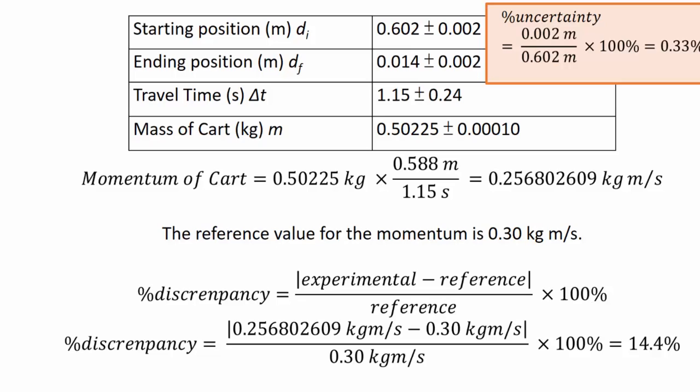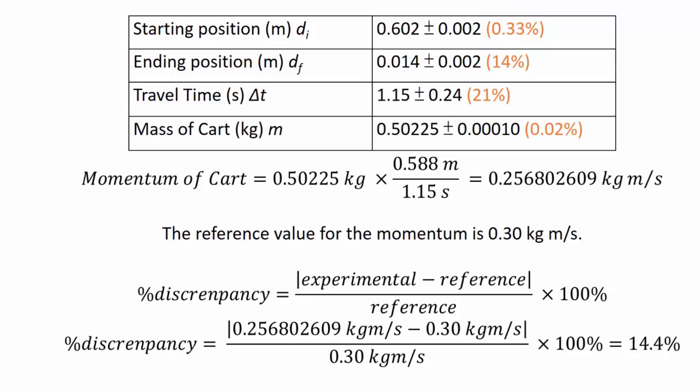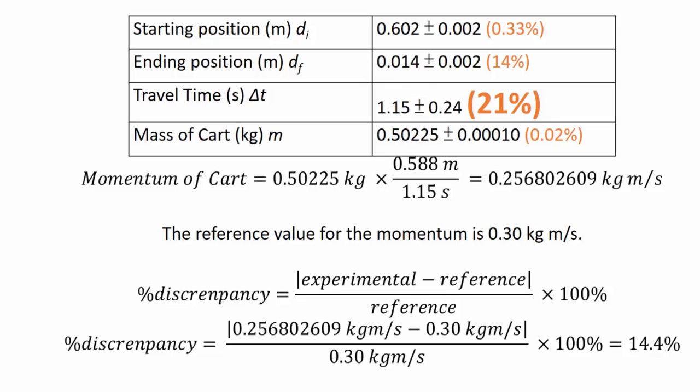The units always cancel out, and you have your uncertainty on top, your value underneath, and you get a certain percentage. And you do that for all your values. And then again, to simplify things, we simply just pick the biggest one. We don't add them up or anything, we just pick the biggest one. And in this case, the biggest one is the 21%.